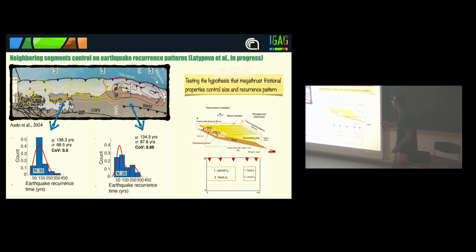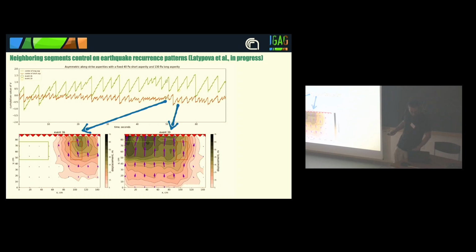So we tried to model this kind of setup in the laboratory. We used one big asperity close to another smaller asperity, and we kept the normal load of the large asperity fixed and varied the other, or vice versa. So this is how the experimental data look.